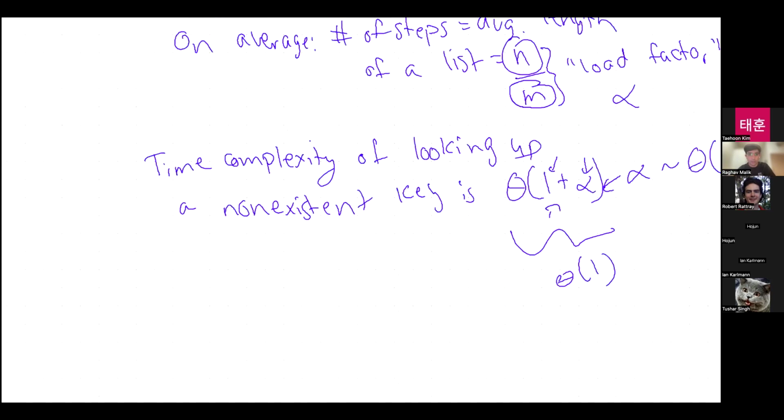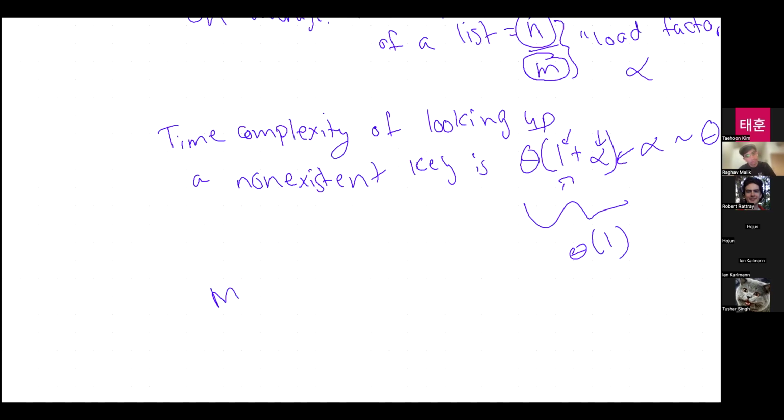So the moral: we want alpha to be theta of 1, something that looks constant, or not dependent on the input size. So we want our table to be about big enough to hold the number of keys that we care about, or some fraction of the number of keys that we care about.